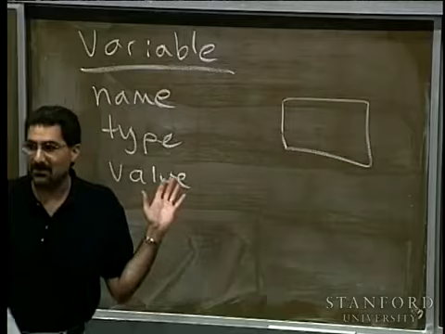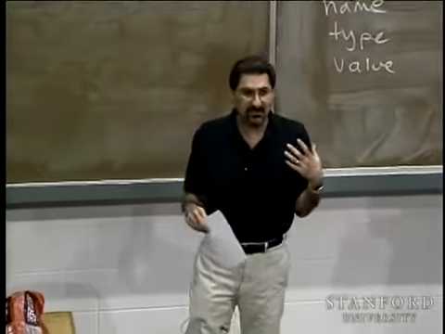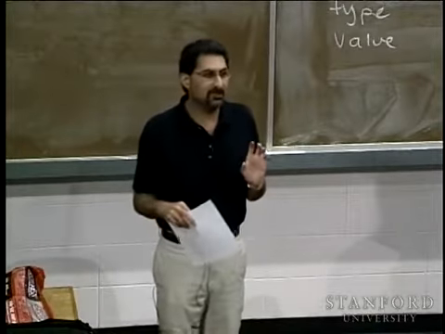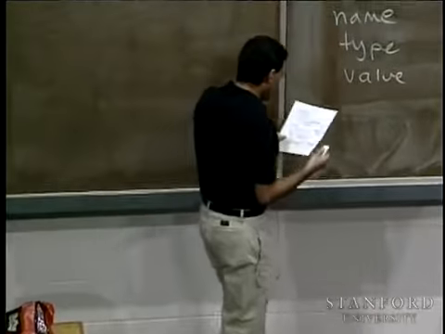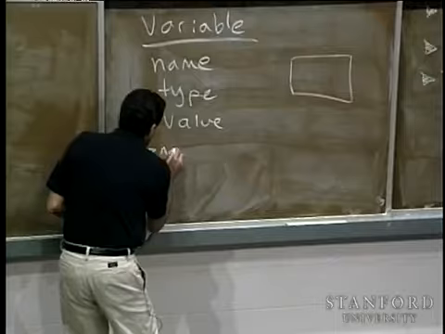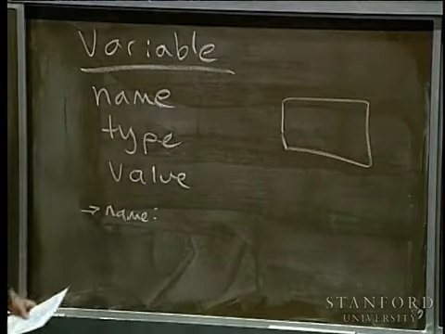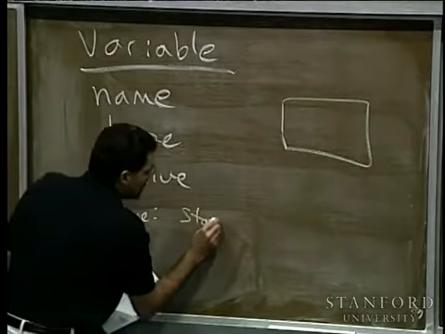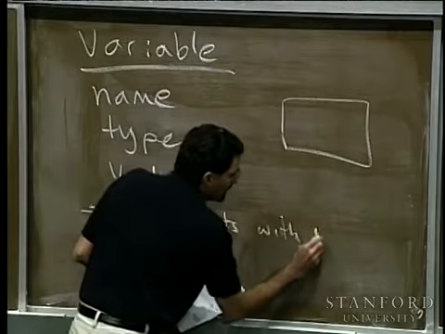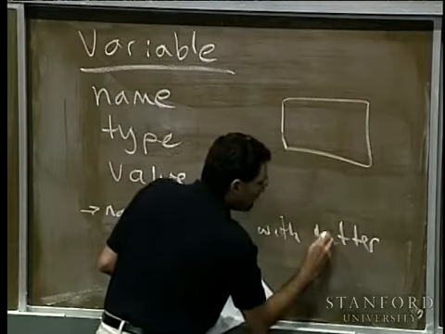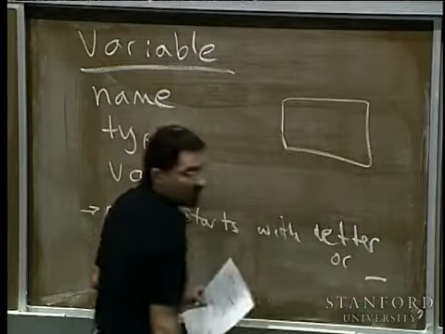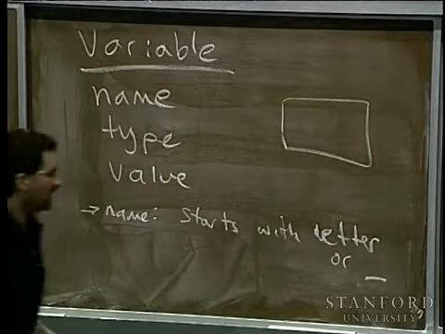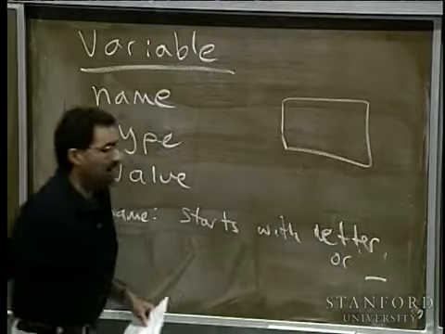And how do we actually name these? There's a rule, not a very complicated one, but a simple rule you need to remember for what are valid names for variables in Java. A valid name has to start with a letter or an underscore. A letter is one of the alphabetic letters, upper or lowercase, or the underscore character, which is down at the bottom of the line.